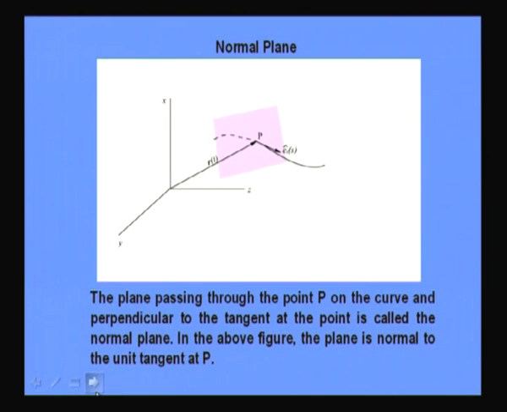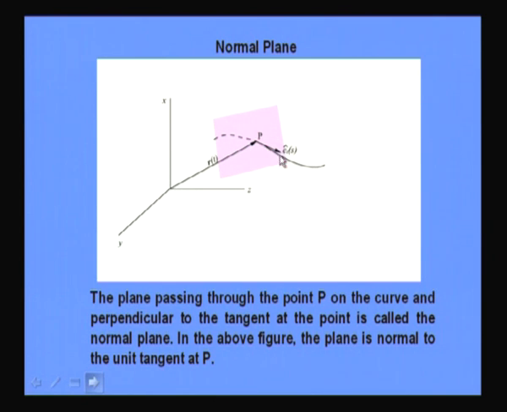Now we define another plane, that is called the normal plane. The plane passing through the point P on the curve and perpendicular to the tangent at that point is called the normal plane. You see here at this point P, its position vector has been indicated by r(t).